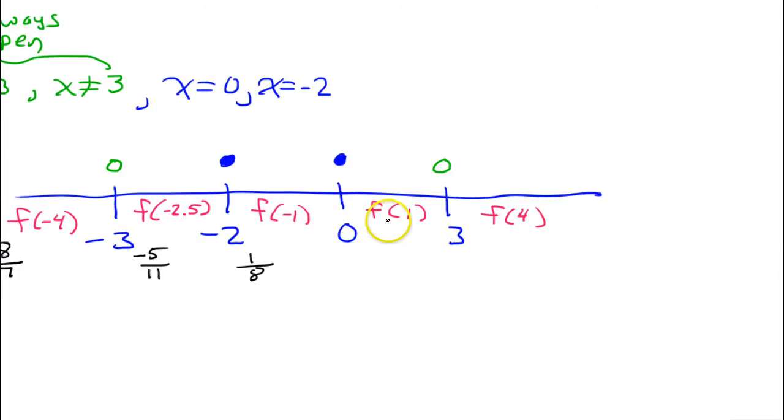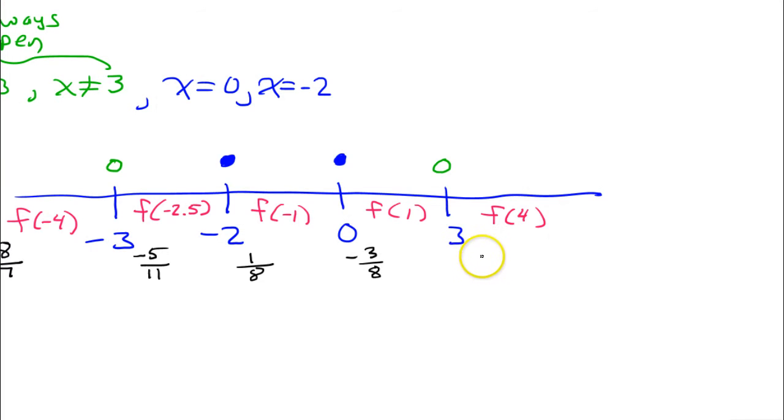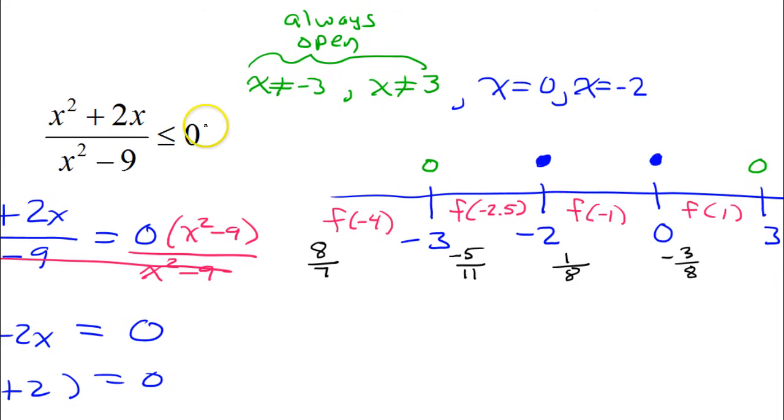Okay, that's -3/8 and 24/7. Now remember, in each case I'm trying to ask myself, is the function less than or equal to 0? So is this less than or equal to 0? Is this less than or equal to 0? And so on and so on.